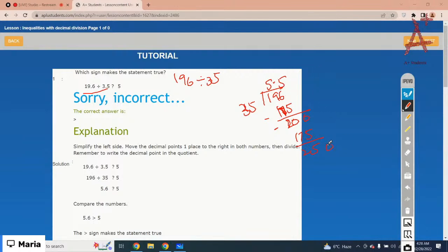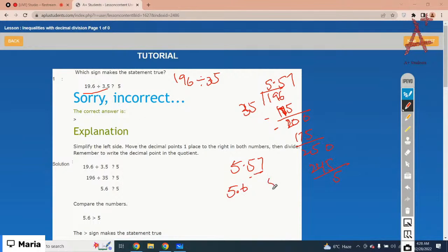Then again you have to add a 0 over here. So 250 divided by 35, it is 245. You have a 0. So it would be 5 times 0.57. When you round off the numbers, it would be then 5.6.